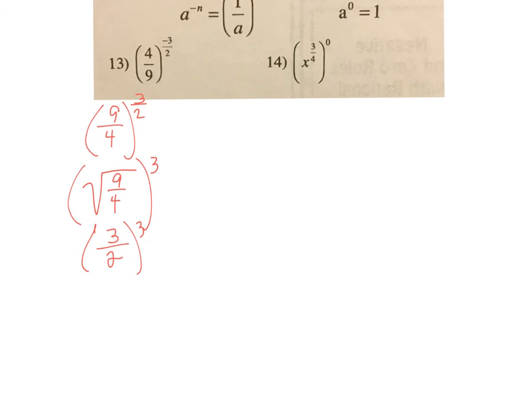What is 3 to the third power over 2 to the third power? What's 3 to the third power? 3 times 3 times 3. So 27 over 2 times 2 times 2 is 8. So 3/2 times 3/2 times 3/2 is 27 over 8. Good. Now number 14. What do we know that anything raised to the 0 power is? 1.